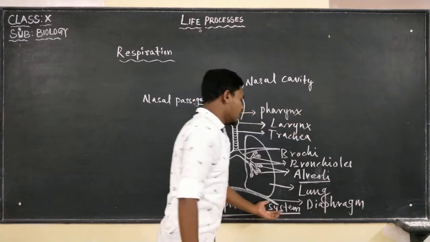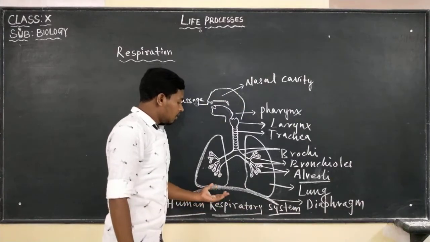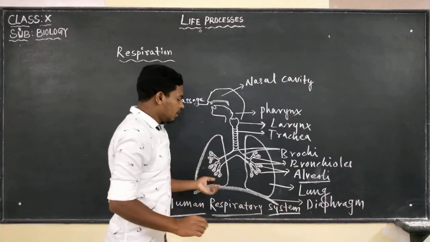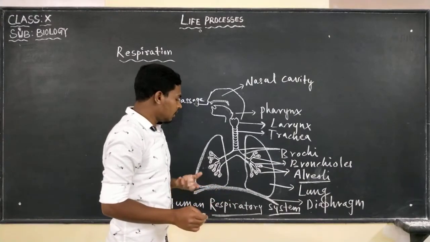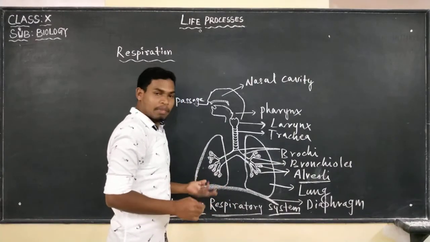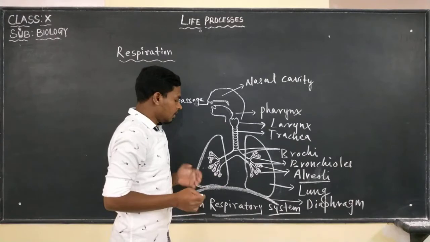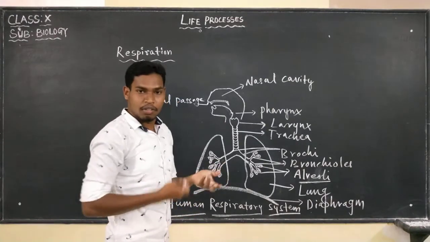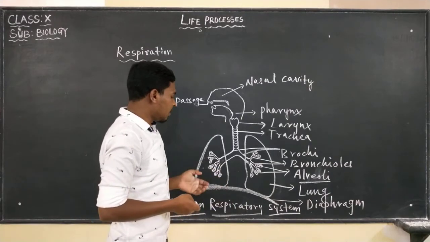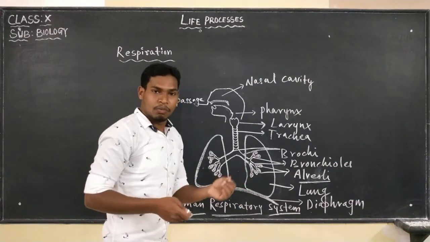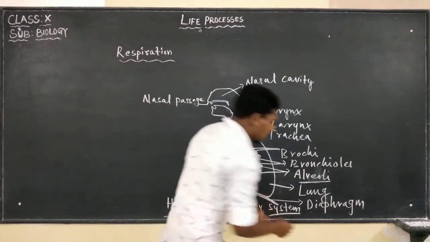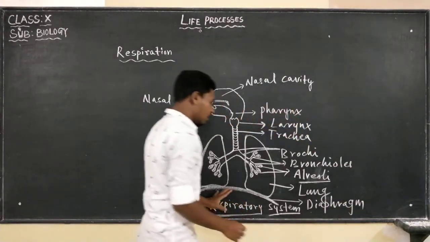So diaphragm is what? Diaphragm is the smooth muscle that is present between the thoracic cavity and abdominal cavity. It divides the thoracic cavity and abdominal cavity. So these are smooth and flattened muscles known as diaphragm.